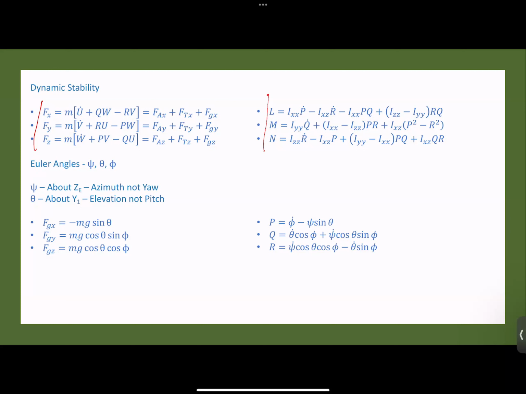Euler angles are a way to represent the attitude or the orientation of the aircraft. It's measured in which frame?